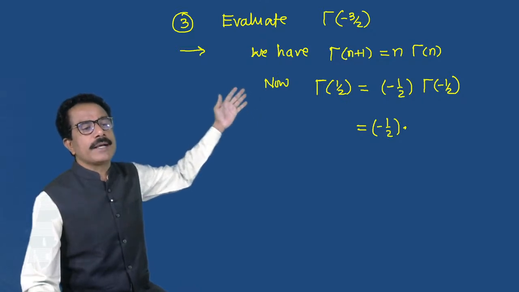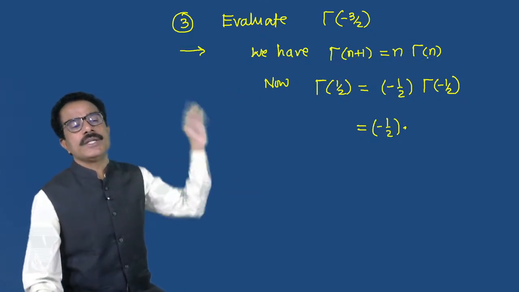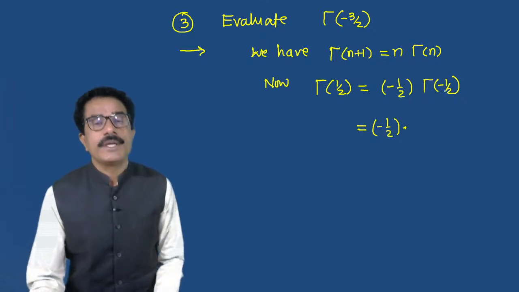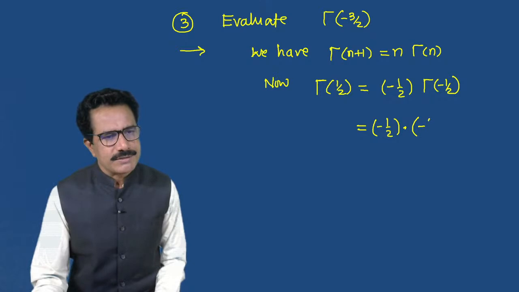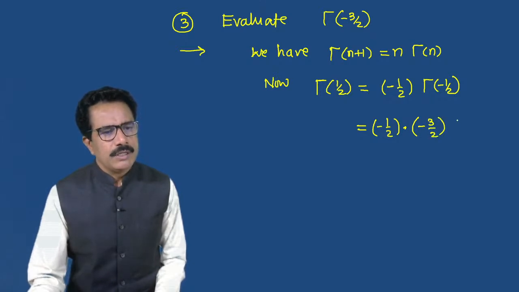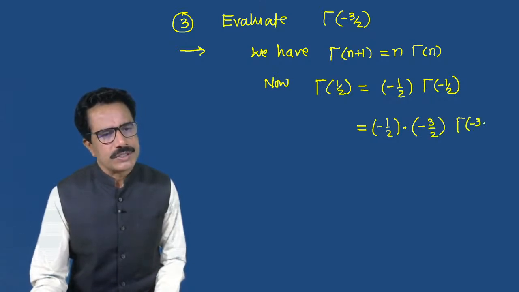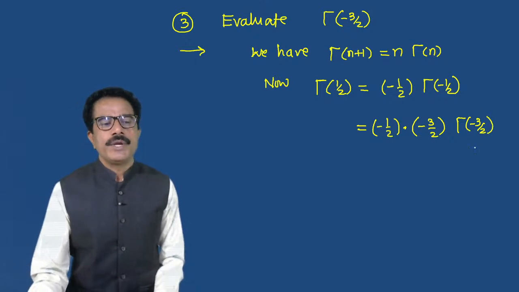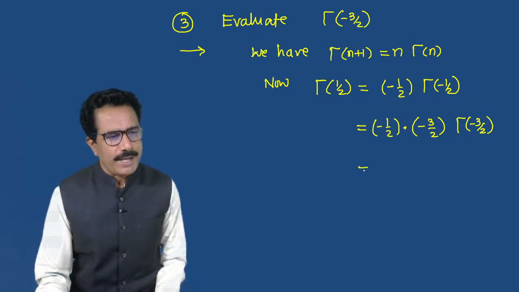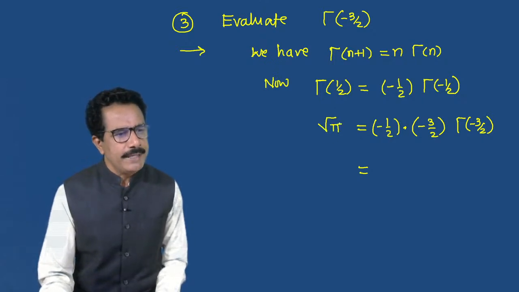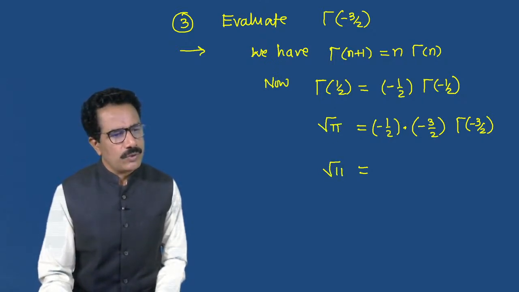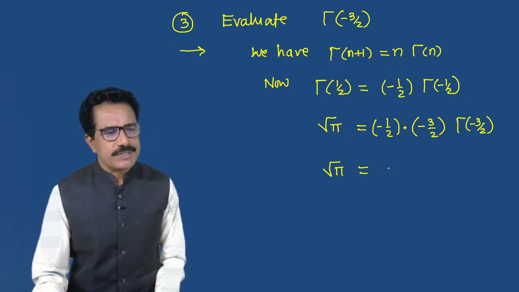Use this formula, gamma of n plus 1 is equal to n into gamma n. So we can decrease this. Gamma minus 1/2 means minus 3/2 gamma of minus 3/2. So we have to calculate this value. We can put gamma 1/2 means root pi. So root pi, minus minus plus 3/4.